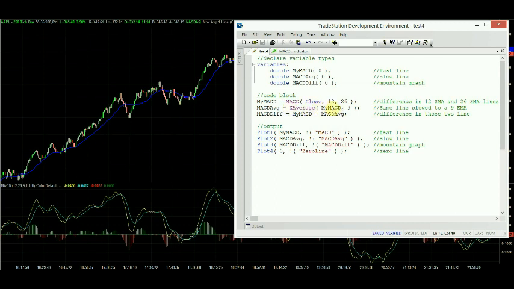Again, it's a minor detail, and it's a 9 EMA, or if you prefer SMA, and that creates the slower line based on averaging the previous 9 outputs. And then the difference is simply subtracting the one from the other, and that gives you your difference. And your output is 3 or 4 plot lines plotting the 3 variables and one more for the 0 line.